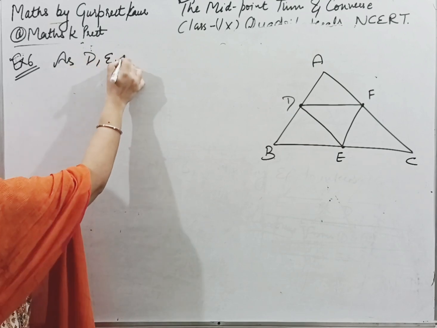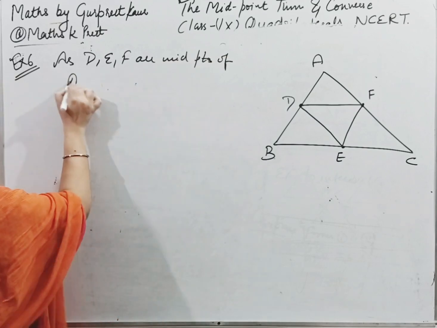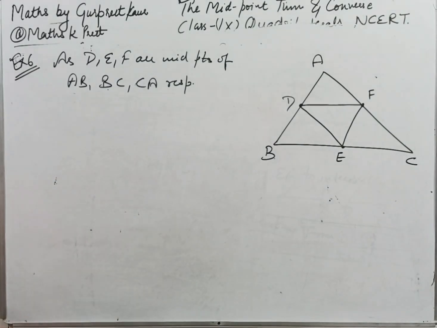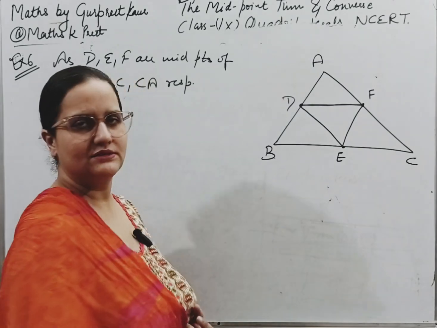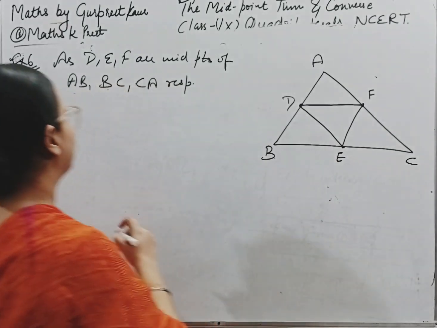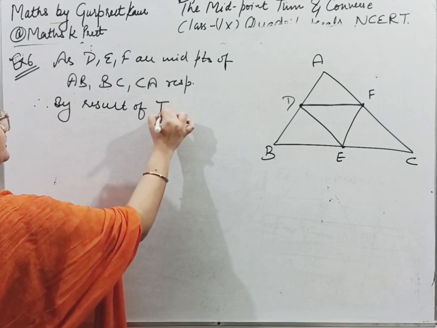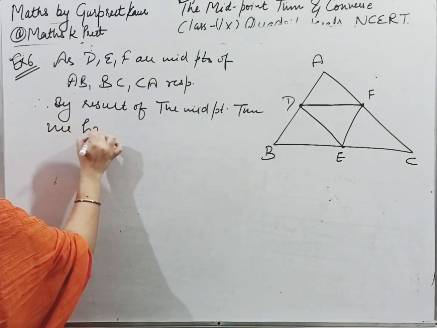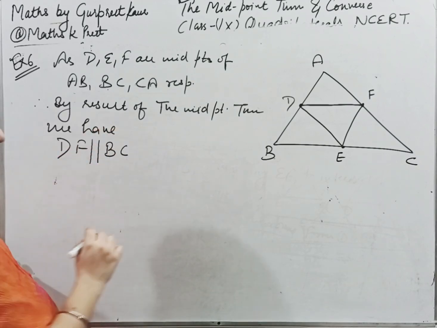As D, E, F are midpoints of AB, BC and CA respectively, this thing we have. Okay. So if D and F are midpoints, then on joining these midpoints, by the result of the midpoint theorem, we will have that DF is parallel to the opposite side BC.